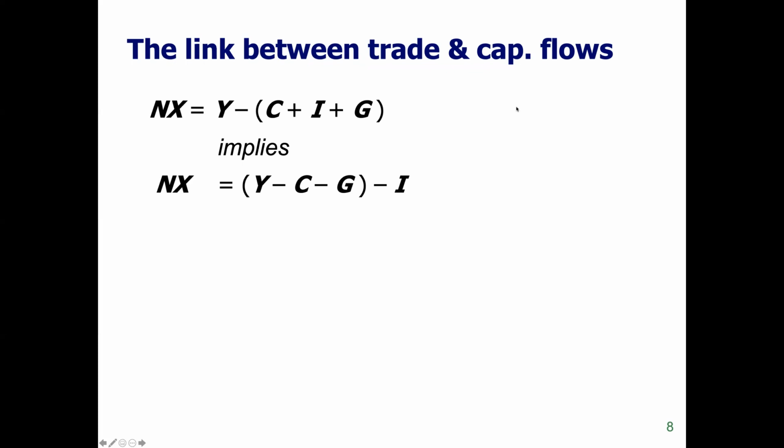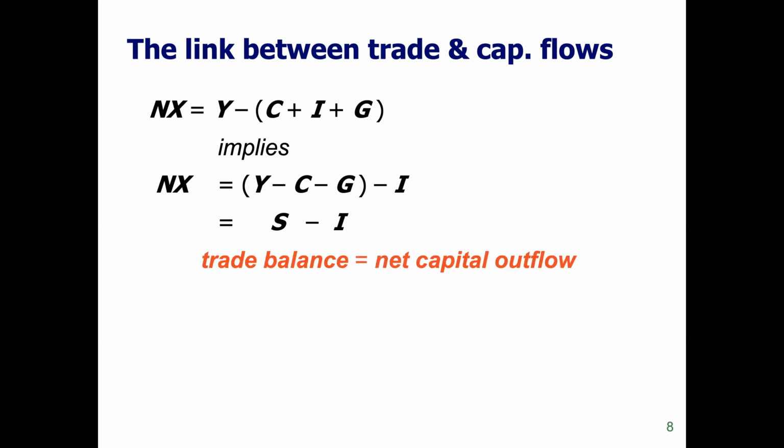Y minus C minus G, output that isn't consumed or purchased by the government, is saving. Therefore, drum roll, net exports is equal to saving minus investment. So the trade balance equals the net capital outflow. Super important. We're going to be talking a lot about this and using it a lot. So net exports is equal to the net capital outflow.